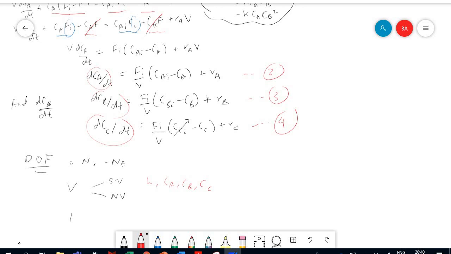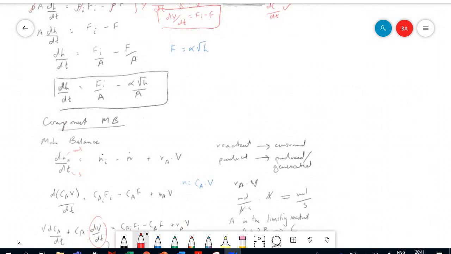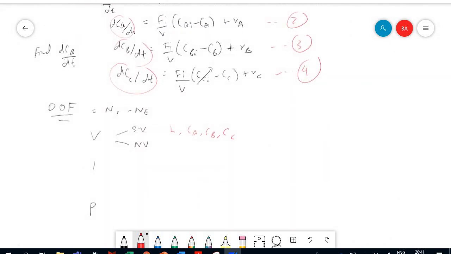There's no F in the third equation, no F in the fourth equation, and in our first equation, number 1, there's also no F here. So you don't have F anywhere else. But actually for normal variables, we have other variables. We have RA and RB and RC. Wow, so we have more variables here.